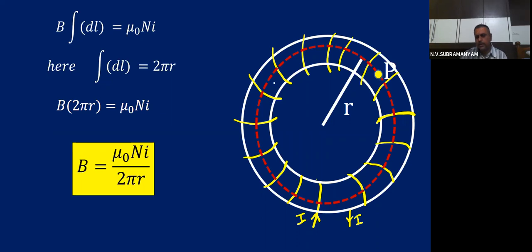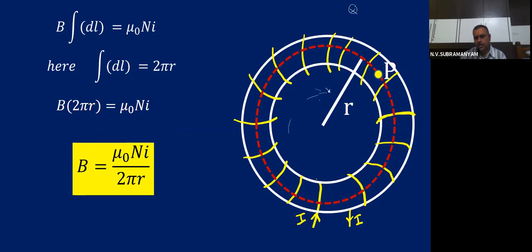And I repeat once again, for points in this empty space inside the toroid, that is, this space you are seeing in the region of the toroid, their field will be 0. Using Ampere's law, we can prove that the field will be 0. Like that, at an outside point also the field will be 0. Because when you consider an outside point, how much current goes inside, that much current will come outside, so the field will be 0 here.